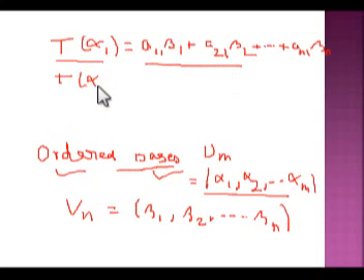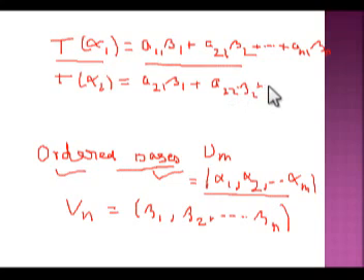T alpha 2 will be a12 beta 1 plus a22 beta 2 plus and so on, up to an2 beta n. It is very important to understand this matrix representation.